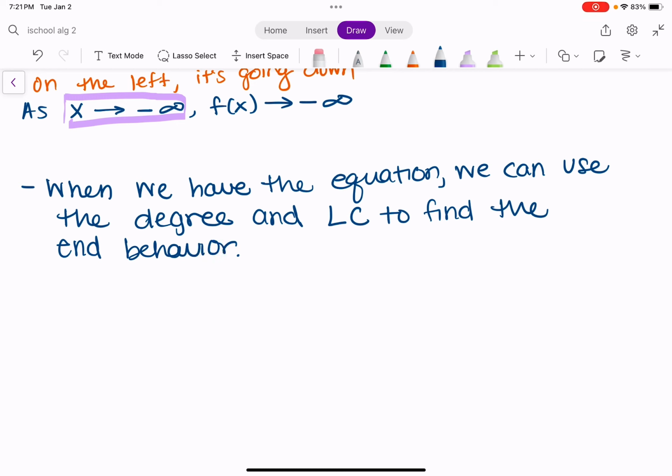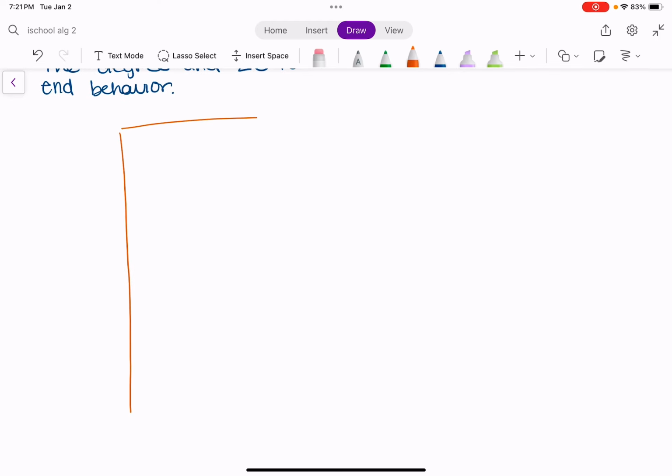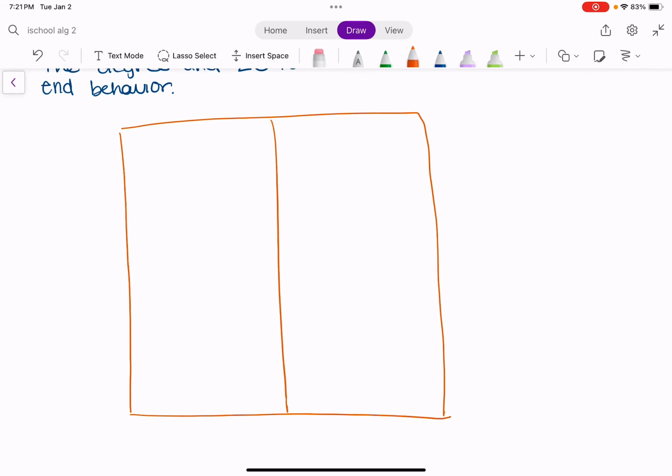Okay, we're actually going to make a table, and I'm going to explain what this table does. In your notebooks, I want you to make this table pretty large. You're going to make a large rectangle, and then split it into 4 parts like this. There are 2 things that we're looking at: the degree and the leading coefficient.